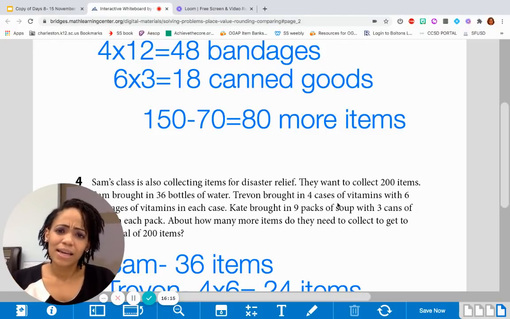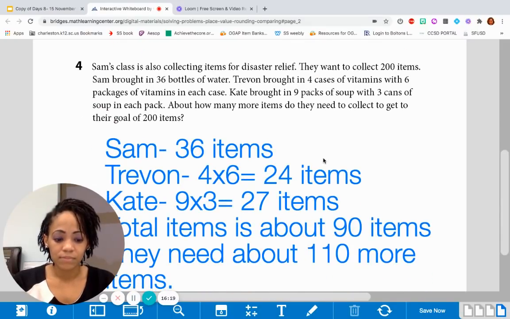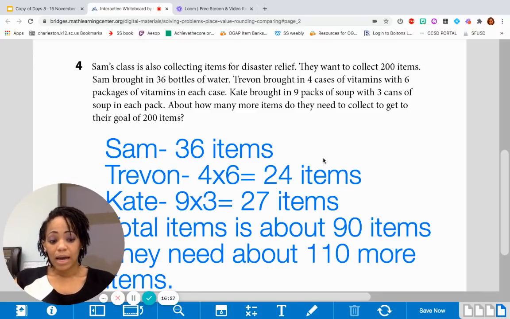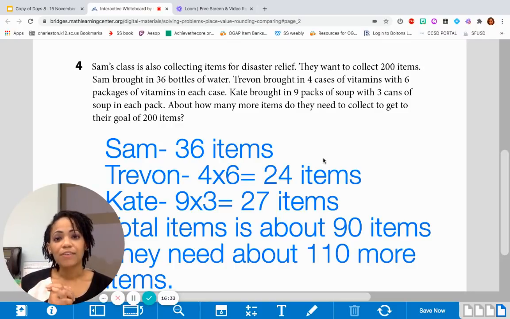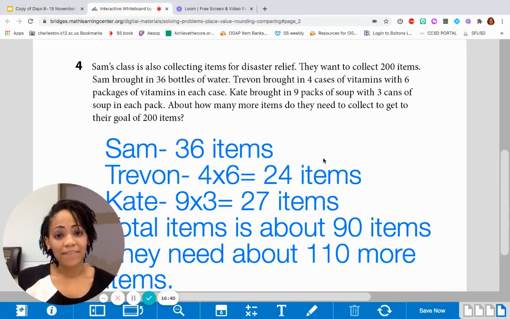But why is it a good idea to round and estimate? I'm going to tell you my reason. If you don't know the answer to a problem and you're working it out, drawing pictures, showing your work, it's really good to have an estimate because then you know what a reasonable answer might be.